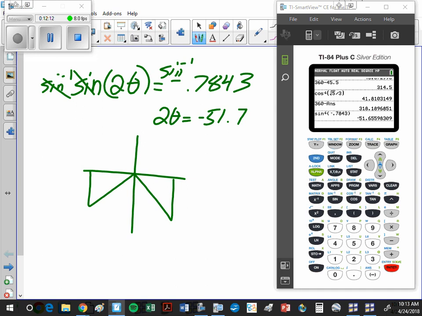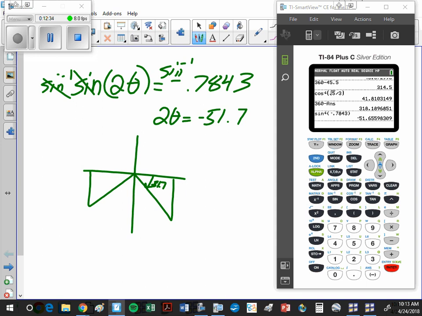Make that easy. Okay. Where is negative 51.7? It's in quadrant 4, right here. Negative 51.7. But that's not one of my possible angles.